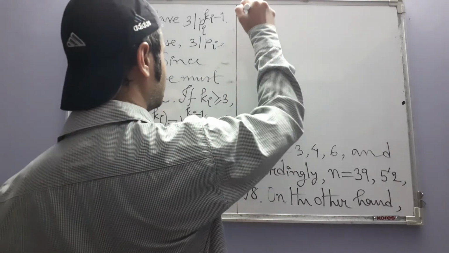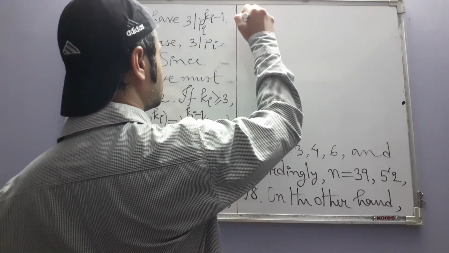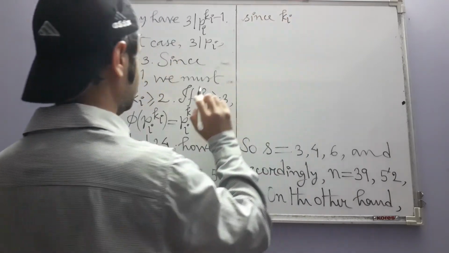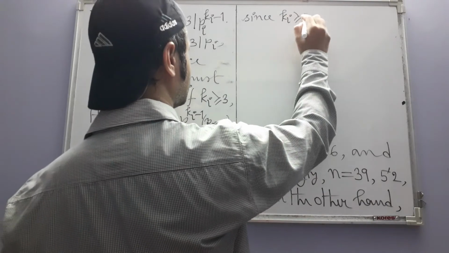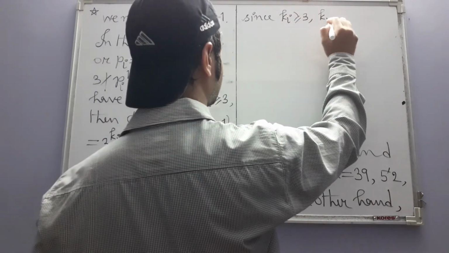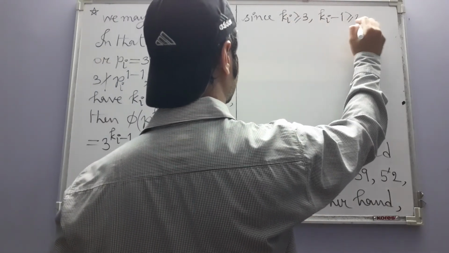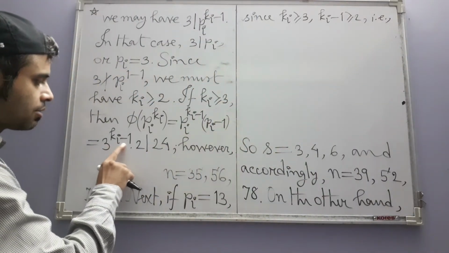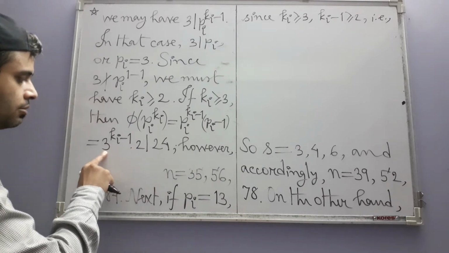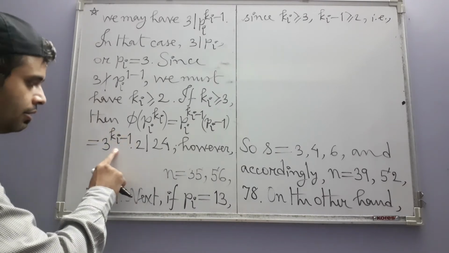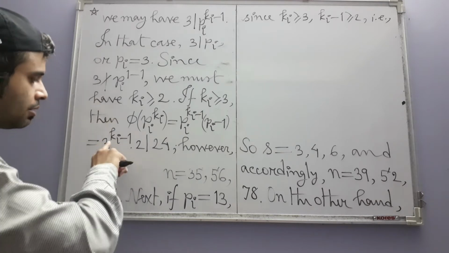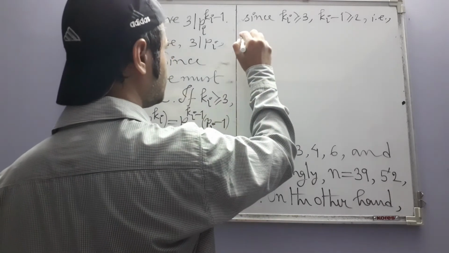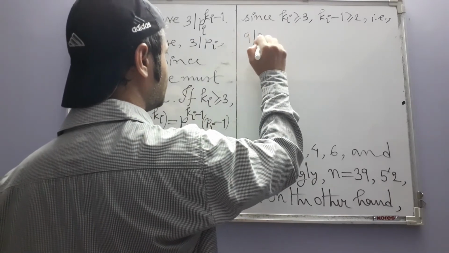However, since ki is greater than or equal to 3, ki minus 1 is greater than or equal to 2. That means what? We will have 9 here. It may be a higher power, but at least 9 will be here. 9 divides 24.